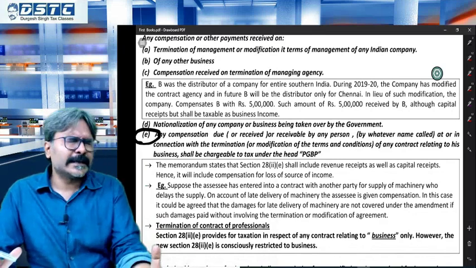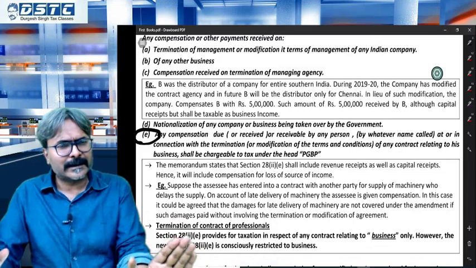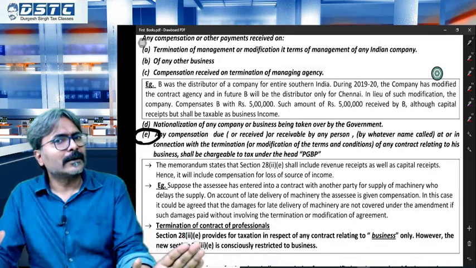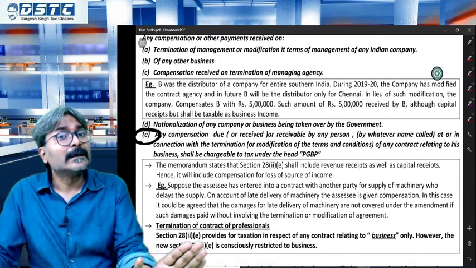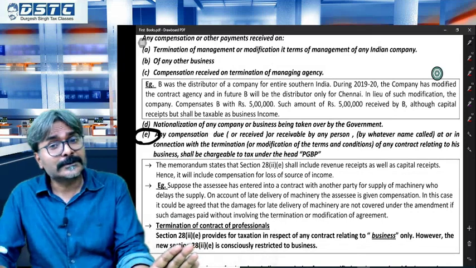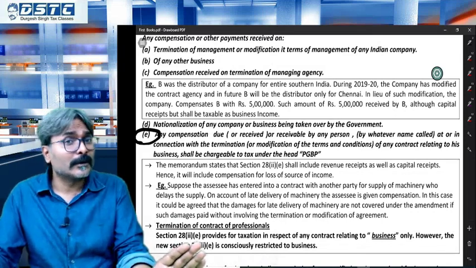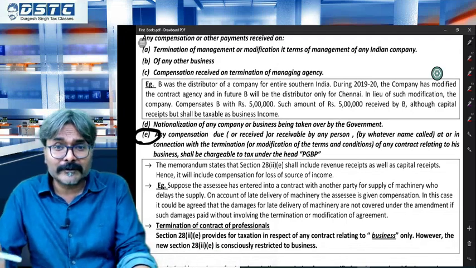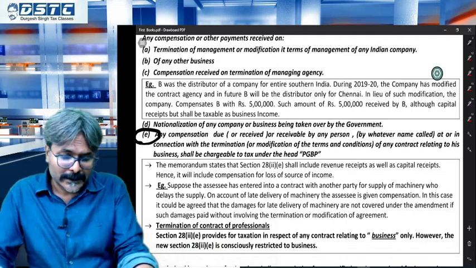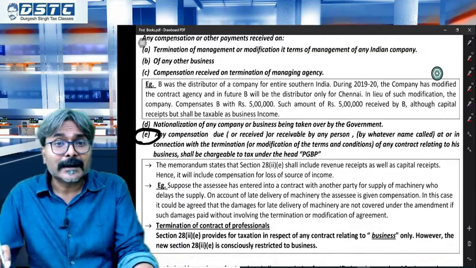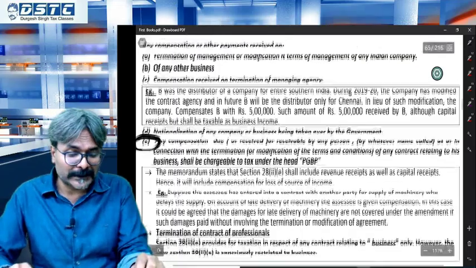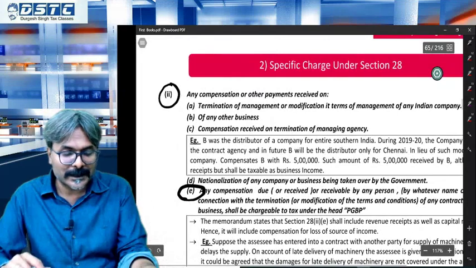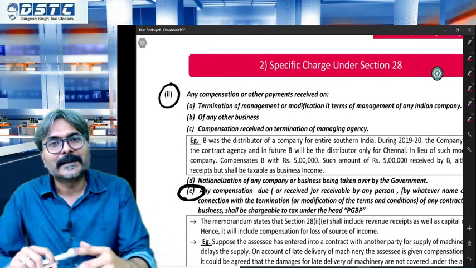That's a different thing that it is a capital receipt, but is it arising from a contract relating to his business? The answer is yes, because it arises from a contract relating to his business. Therefore, we will conclude that this amount is specifically charged under section 28(2).